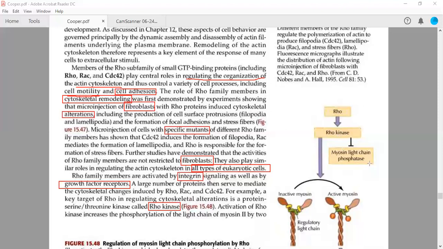So it will not allow the phosphatase to remove the phosphate group from the myosin light chain. Also, it is phosphorylating the inactive myosin to convert it into active myosin, because it is phosphorylating the regulatory light chains of myosin. If it is phosphorylated, myosin will be activated. So on the one hand, it is activating the kinase so that the light chains can be phosphorylated and activated.